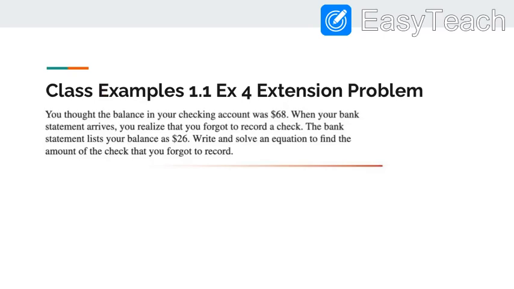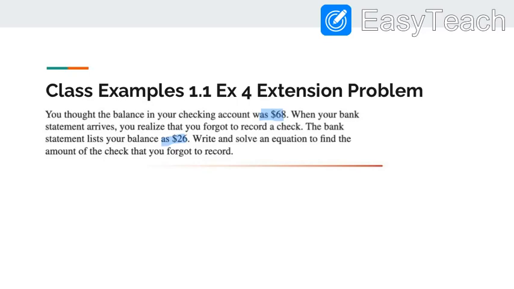Okay. We could use a similar problem like this if we're trying to figure out how to work this problem. So if you thought you had a balance in your checking of $68. So again, we're starting at 68. When your bank statement arrives, you realize you forgot to record a check. The statement you actually have now only has $26. Write and solve an equation to find the amount of money you forgot to record.